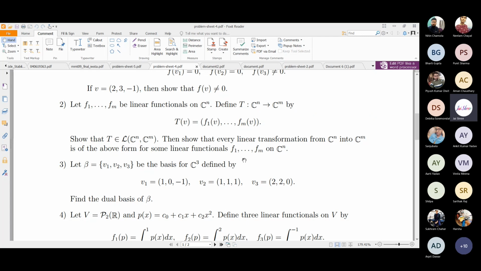So you define f1 of v equal to w1, f2 of v equal to w2, and fm of v equal to wm.